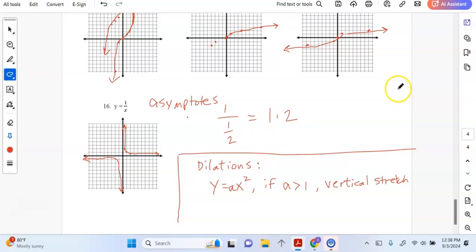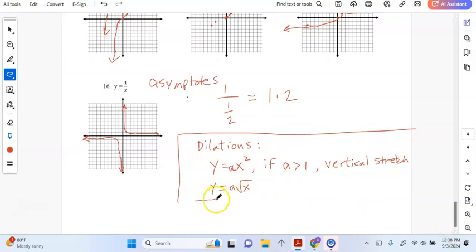All right. So the bigger the number that we put in front, that would also be true for all parents. So I'm not going to belabor the point, but here's the same thing. This time it's the square root parent, and I'm causing vertical stretch if the A number is greater than 1. All right. If the A number is a fraction, or it could be a decimal, between 0 and 1, then we have, the technical term is called vertical compression, but you can think of vertical squish.